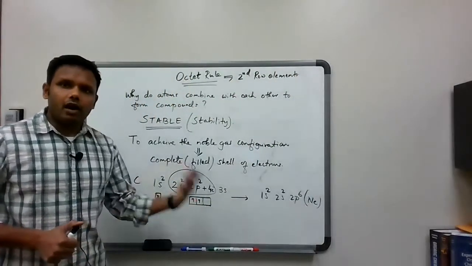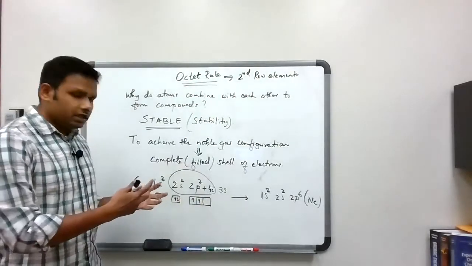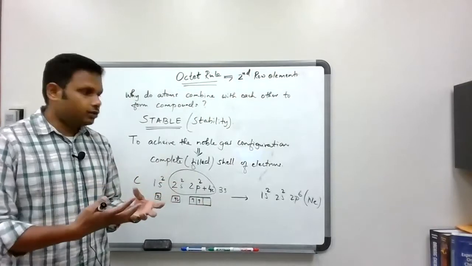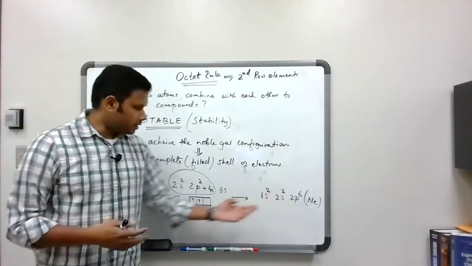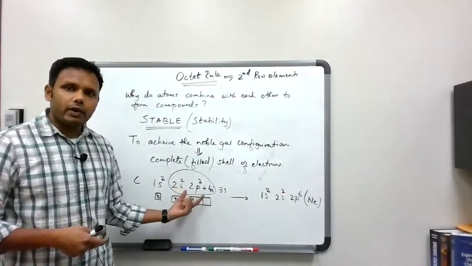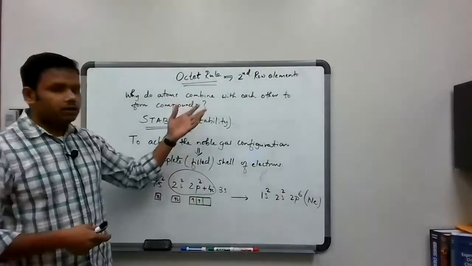It's called the octet rule because they're trying to attain that electronic configuration of the noble gas, which equals 8 electrons in the valence shell. So it's called the octet rule.